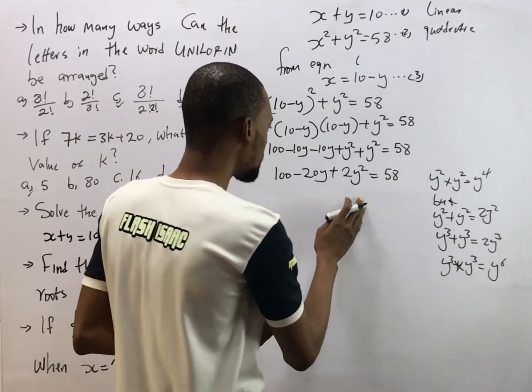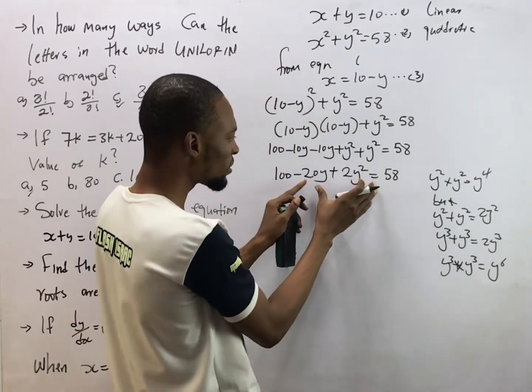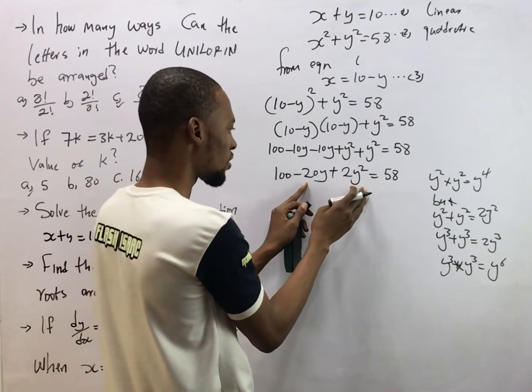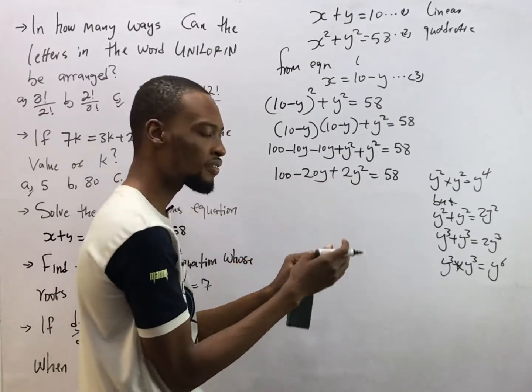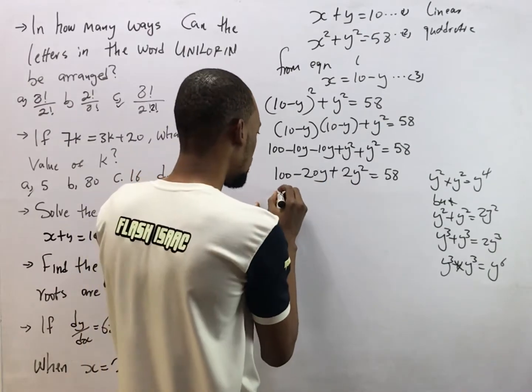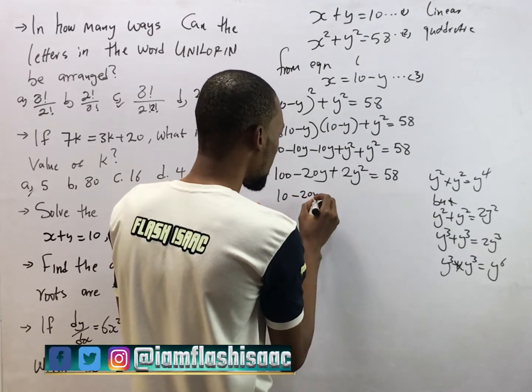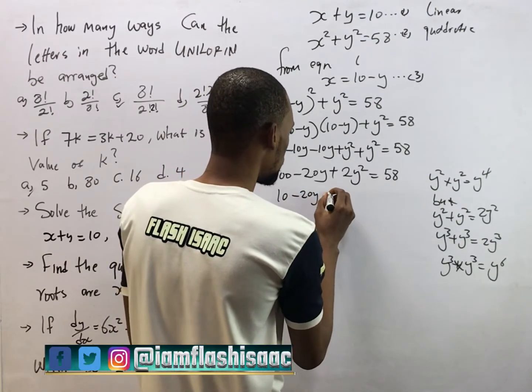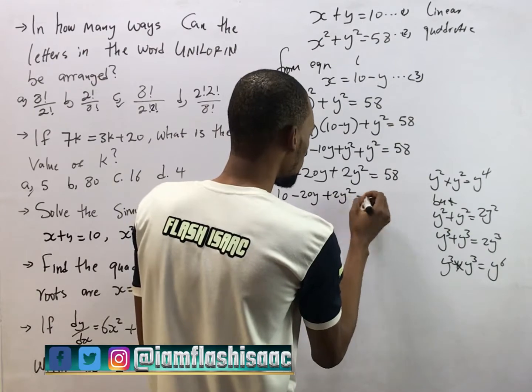Now, from this, we can notice that this is beginning to give us a quadratic equation. But we need to arrange it in standard form: 100 minus 20y plus 2y squared is equal to 0.